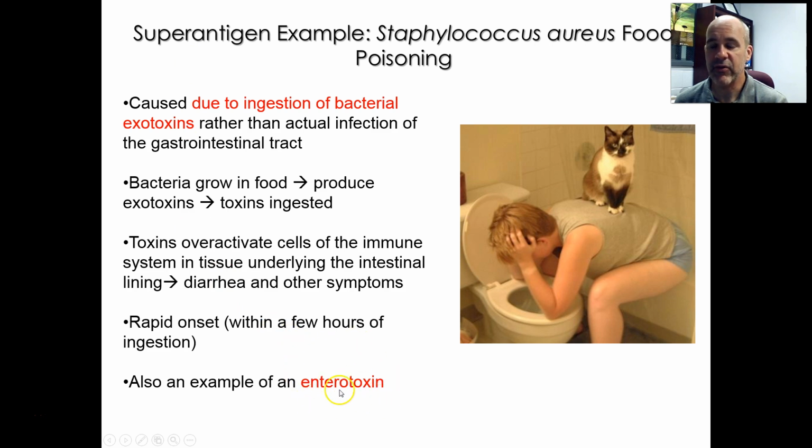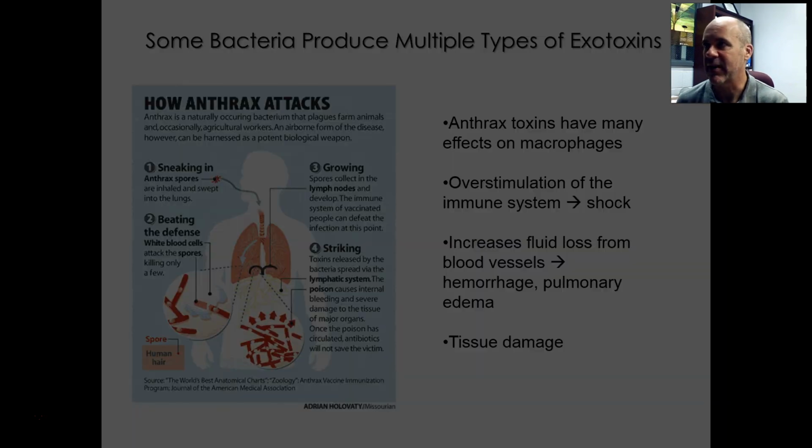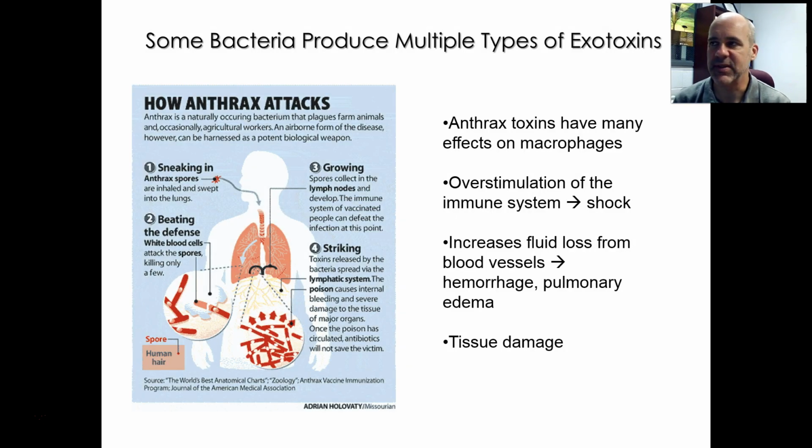This is also an enterotoxin because that's a name that's telling us what part of the body it affects. It affects the intestinal tract. So if you've ever had the 24-hour flu, a lot of times when people say they've got the 24-hour flu, it's really this. You've had Staphylococcus aureus food poisoning. Pretty nasty thing to have.